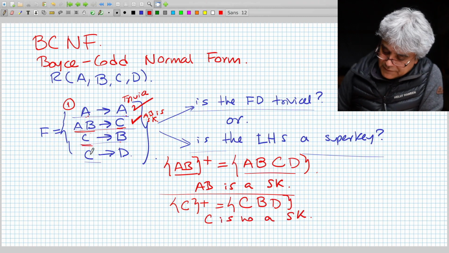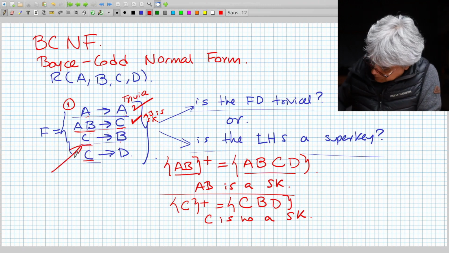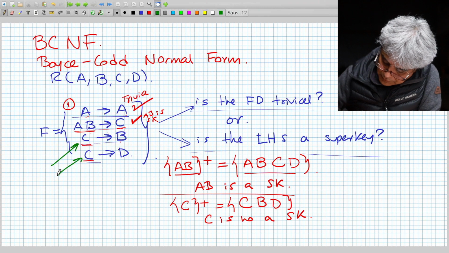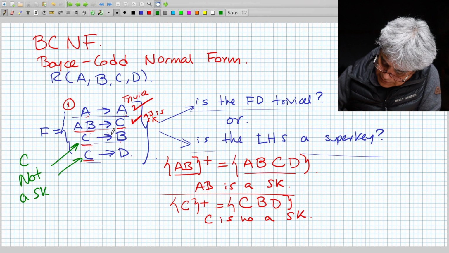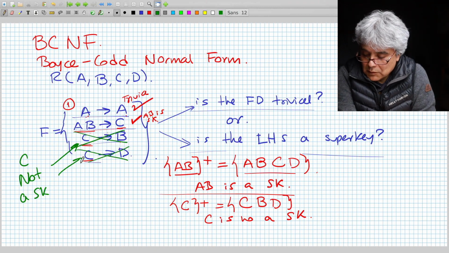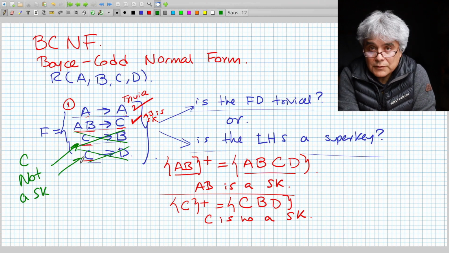And both of these have C on the left-hand side. So C is not a superkey. So both of them do not satisfy the conditions.